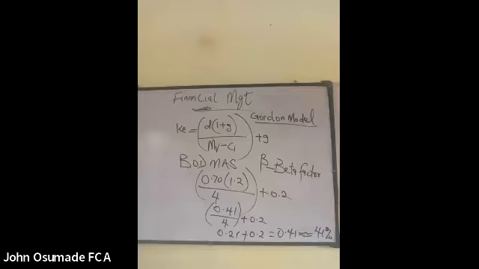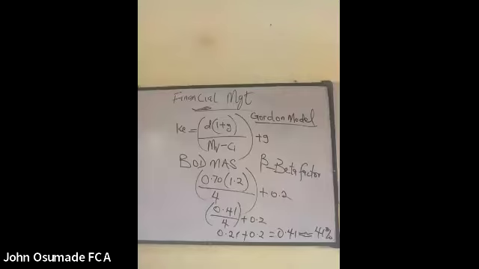Many a time, the risk-free rate of return is given in the question. So the parameters are the risk-free rate, the return on market, and the variance of the market return.